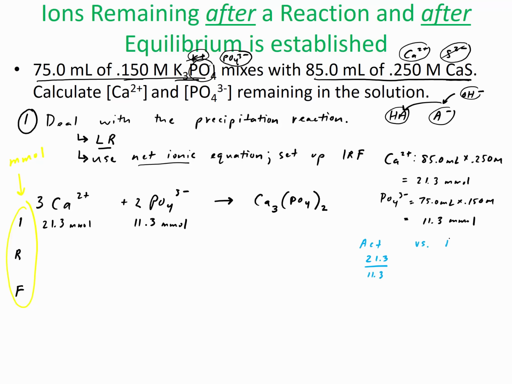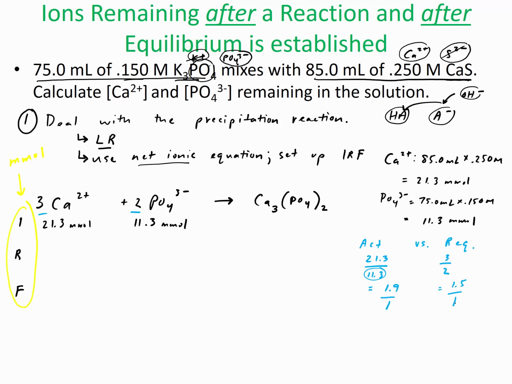And I'm going to compare that to the required amounts by the balanced reaction. So I require a 3-to-2 ratio. I like to reduce the denominator to 1, so I divide those two numbers just because it's easier for me to analyze. So I get 1.9 over 1, compared to, and I divide this one as well, 1.5 over 1.